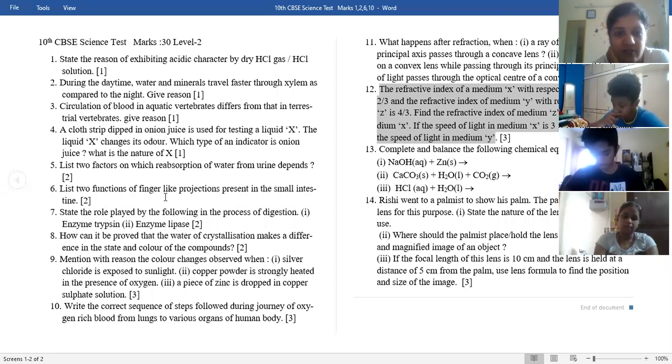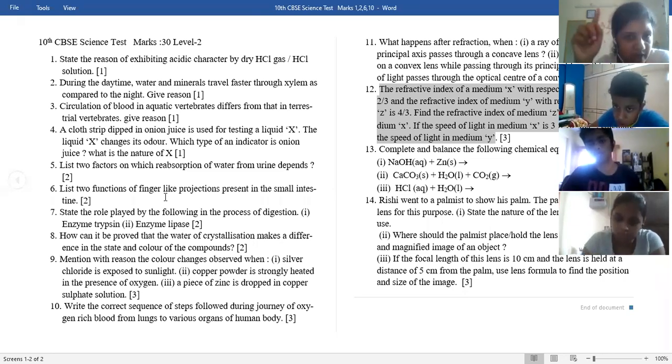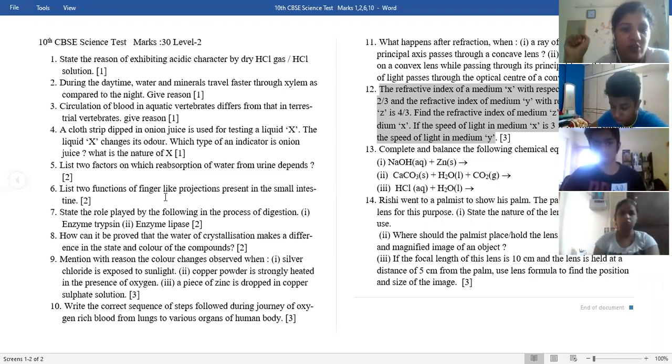These are ions that are formed, so ions you have to mention with the positive and negative sign. So H3O+ plus Cl-, or H+ plus Cl-. If you show the hydrogen ion, H+, then below that you have to write the state, aqueous, aq. Clear?